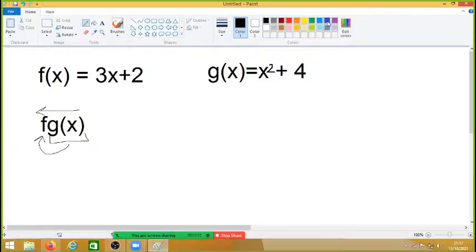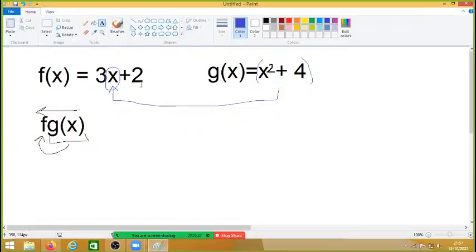So let's show you very, very slowly. We're reading it backwards, and the first thing you see is the g function. So you look at the g function, it's x squared plus 4, and it's that whole thing that needs to be replaced or substituted where the x is here.